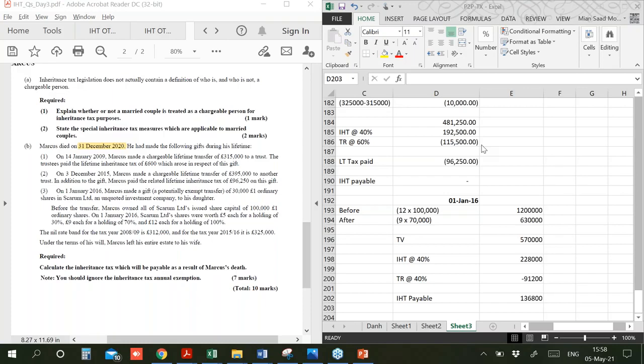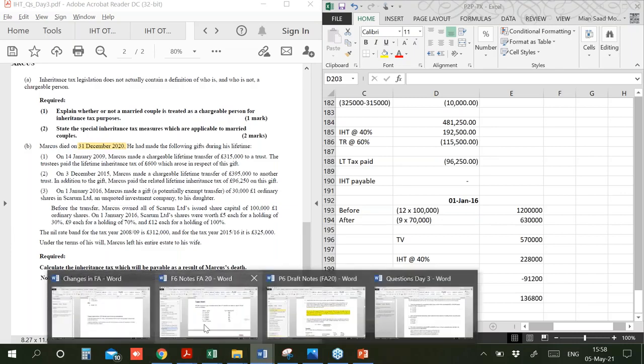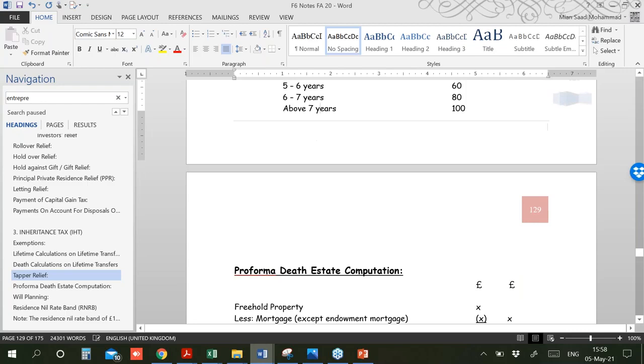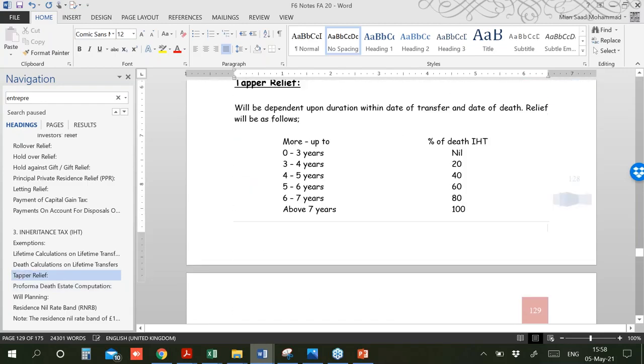It will also help you to learn the concepts, and if a question comes in section C, you'll be able to answer that as well. If there are any questions related to IHT, you can put in the question section. I'll also take you to my notes and tell you that in that there's a complete chapter of inheritance tax with easy explanation of certain reliefs and proformas as well.